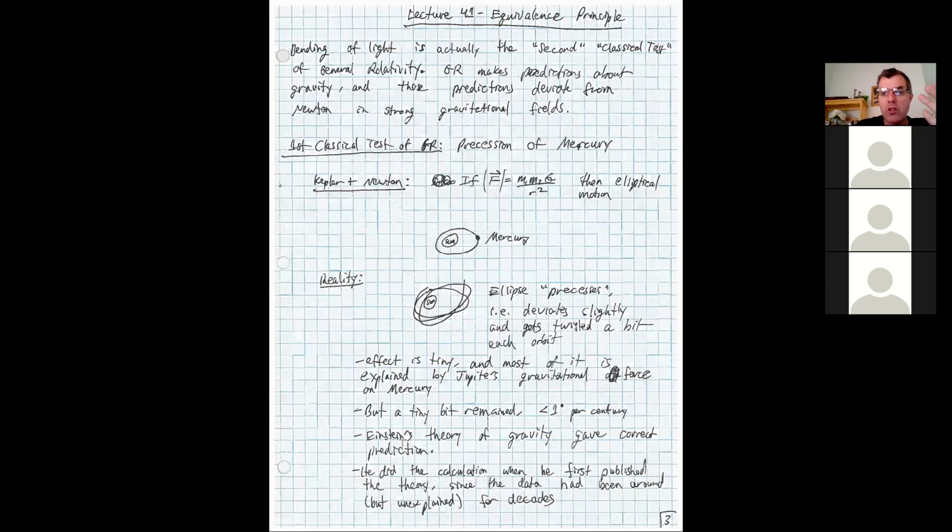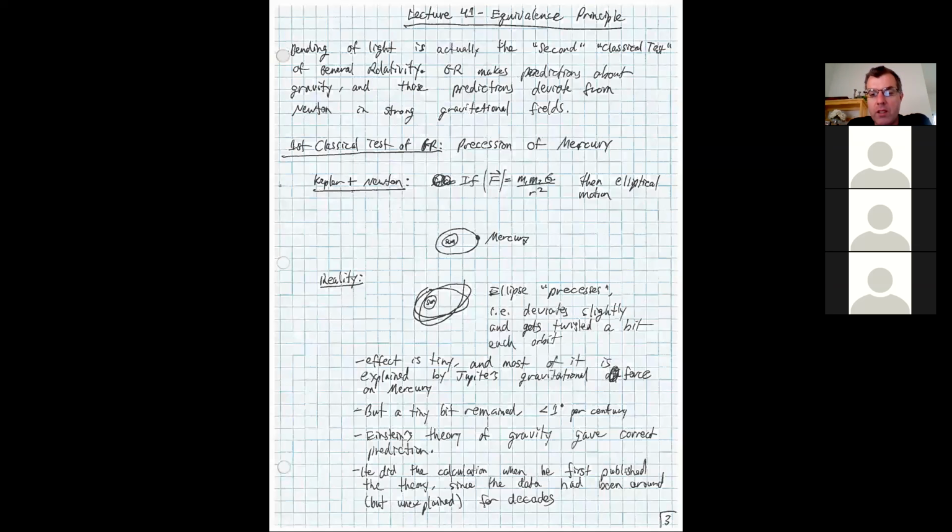Weak in that the field isn't strong, complicated in that it gives rise to elaborate orbits. But Einstein said, if relativity can explain some discrepancies with gravity, then the one place where it's going to be most noticeable is Mercury.